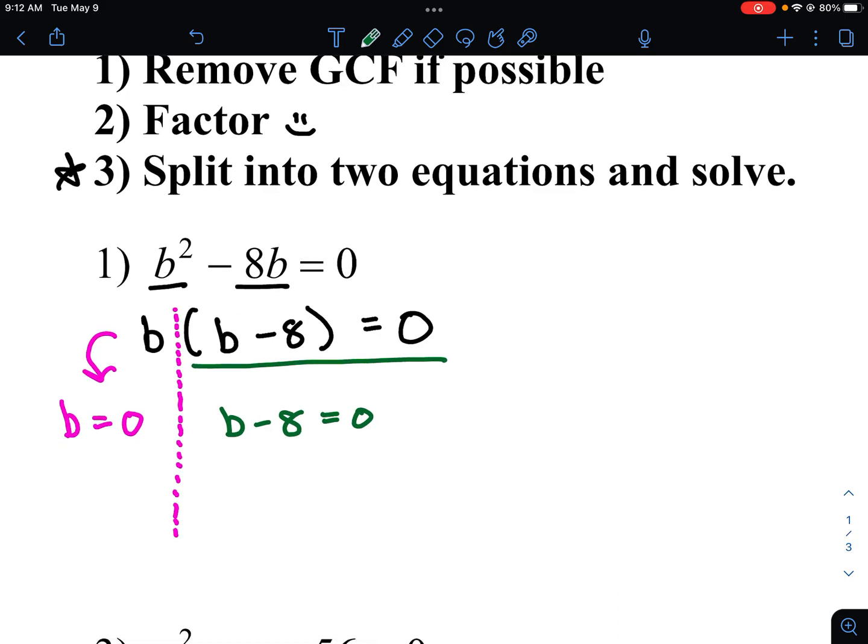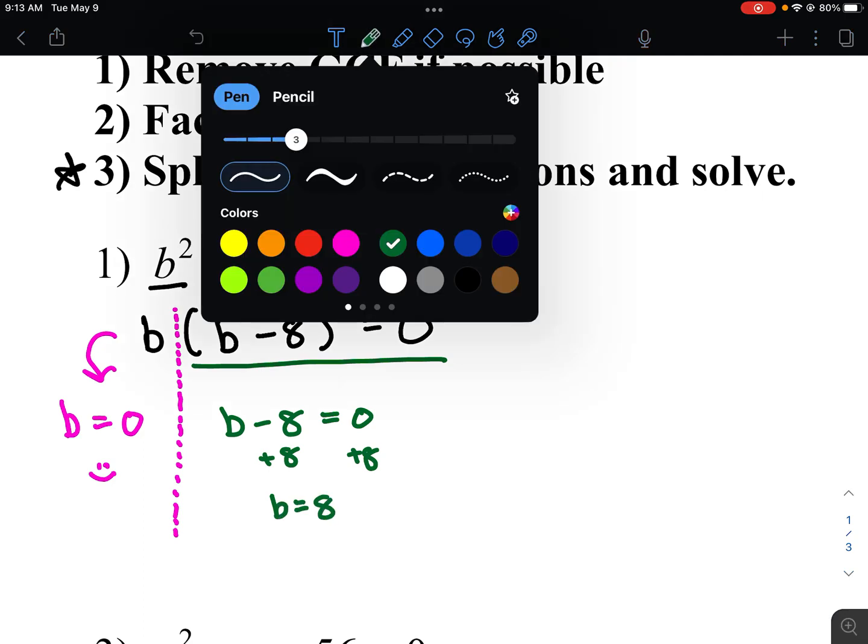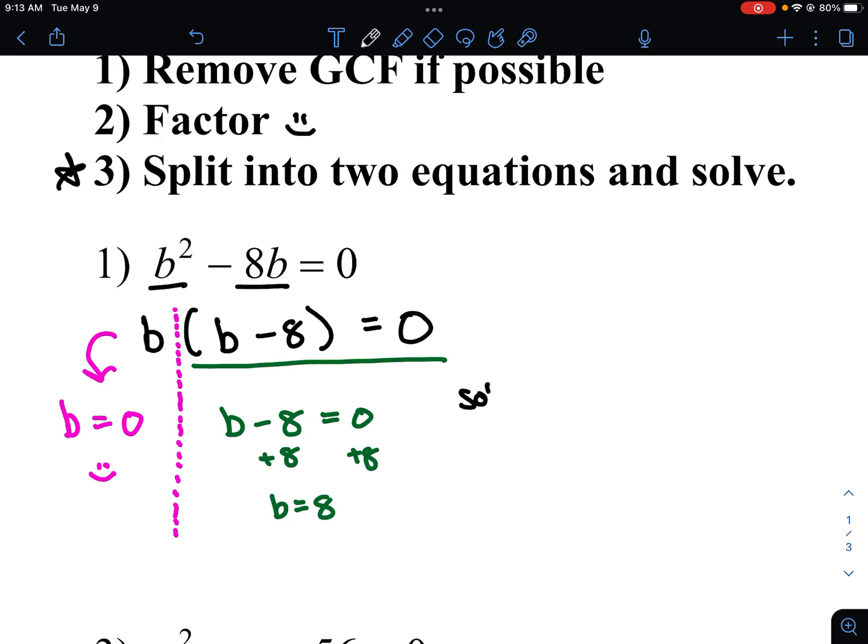What we do with each of those is solve. The left-hand side is already solved, b equals 0. It's actually one of our solutions. And the right-hand side is simple to solve. We're just going to add 8, and b equals 8. So we have two solutions: b equals 0 and b equals 8.